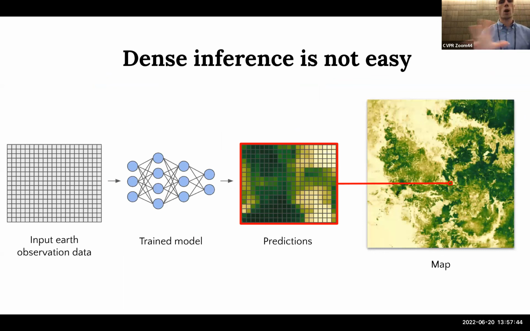And first I'll just mention why this package, why we even made it. Basically, it's because dense inference is not easy. We were spending a lot of money setting up virtual machines and trying to make these large maps for entire countries in many cases. And so this is perhaps the reason that it hasn't really been explored as far.